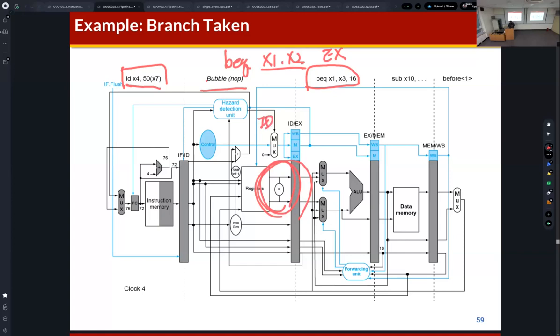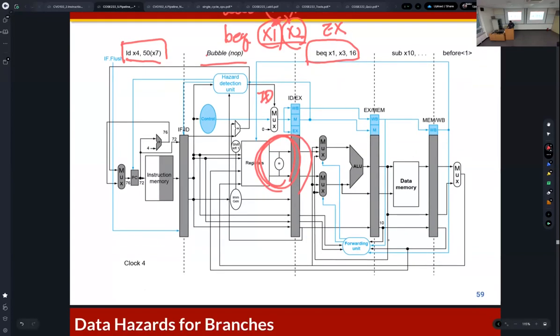The problem is that X1 and X2 can be the result of an add instruction. What's the problem? The problem is that this processor has data forwarding in the EX stage.